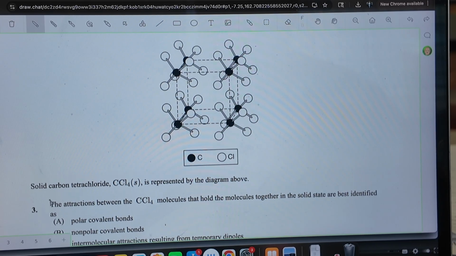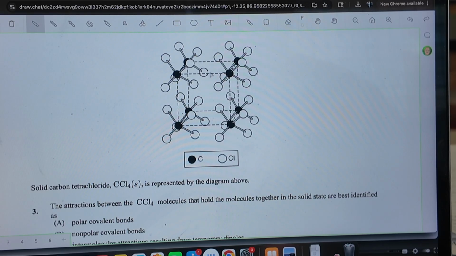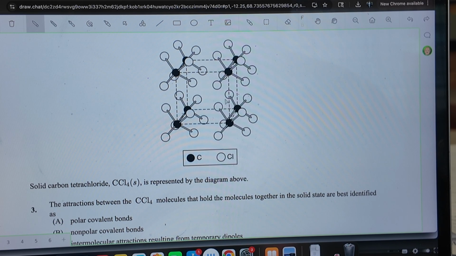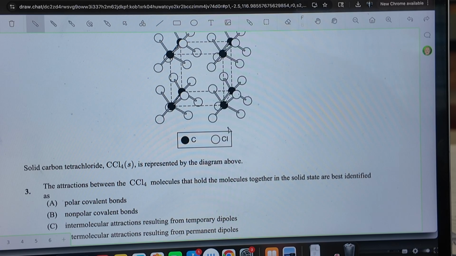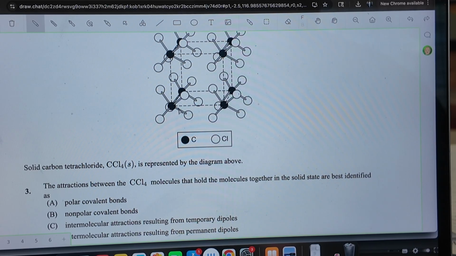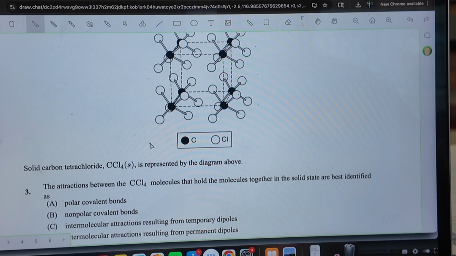We see that here. They're connected by the carbon in the center and the bonds between the 4. Here we see 1, 2, 3, 4 chlorines. So all of these seem to have 4 chlorines, right? So since it is CCl4, and they're not ions, and they're not a crazy big covalent network.